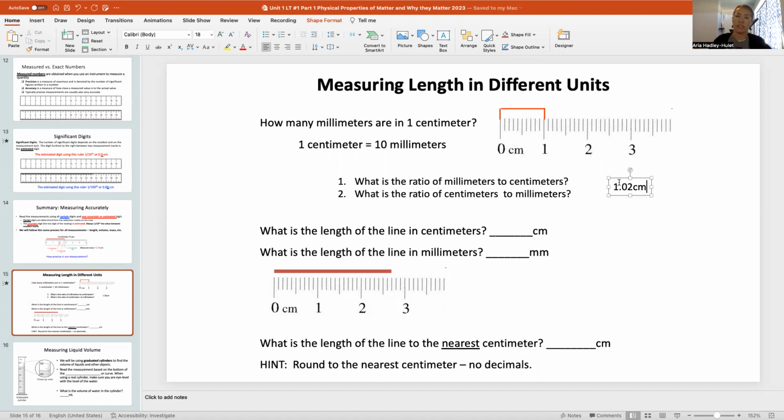So what we would have to see with your measurement compared to mine, you would have to have 1.0, and then there's an estimate. So you may have said 1.00, or you may have said 1.01, or you may have said 1.03. But the estimated value, that's the one that can differ a little bit. But those certain numbers, those need to be the same.